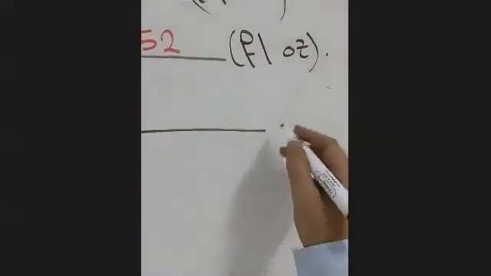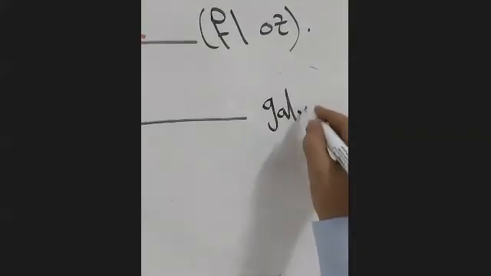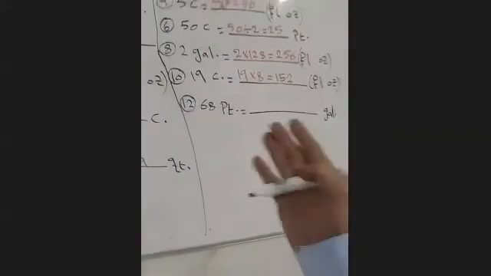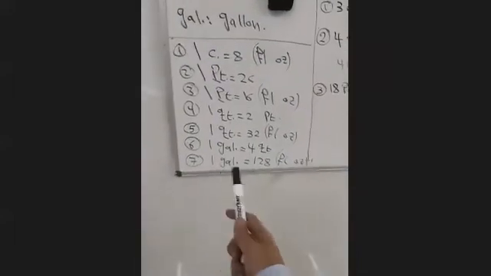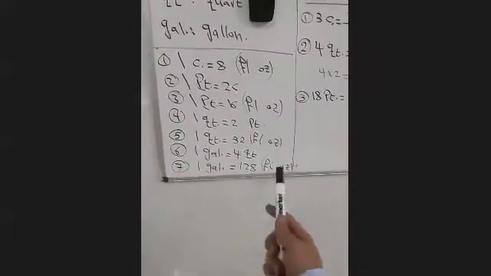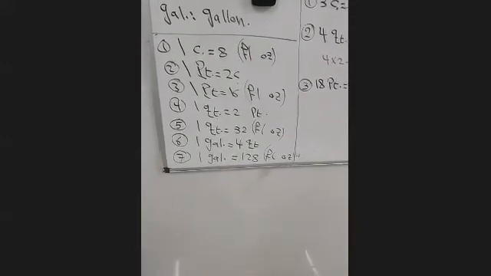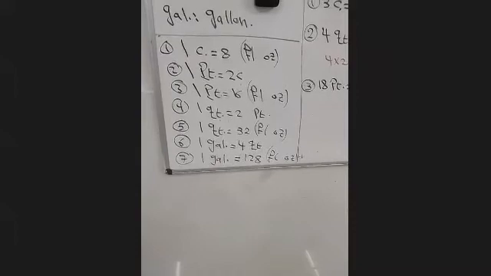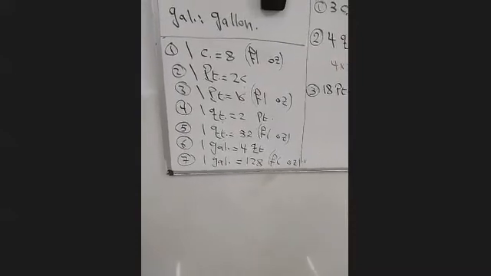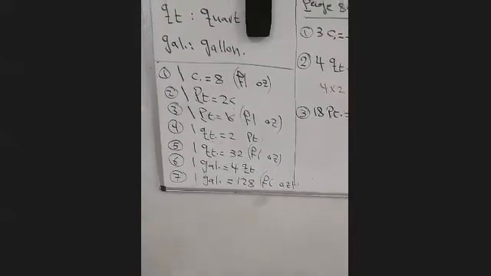In gallon. Okay. Let's search for a formula between pint and gallon. Do we have a formula between pint and gallon? Where is it? Pint, PT, and gallon. No, we don't have. If we don't have, let's think together.